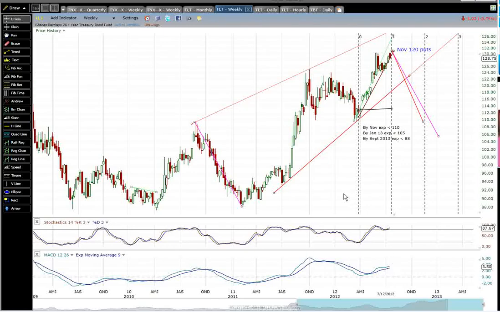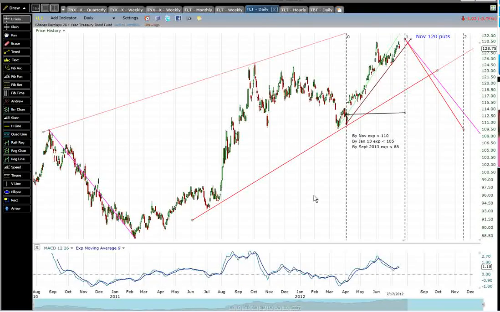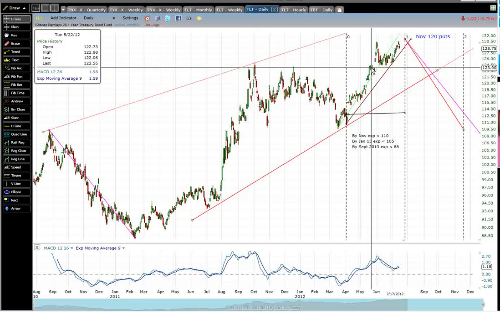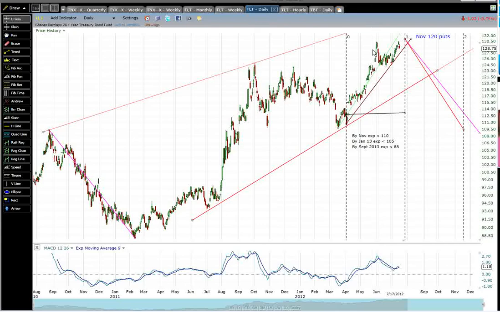So on a weekly time frame, there's a very powerful divergence set up, and I mentioned a couple months back, as the market was spiking up in bonds on the daily chart, to wait for the daily chart to show signs of bearish divergence before potentially going short. And that's exactly what we're seeing now.